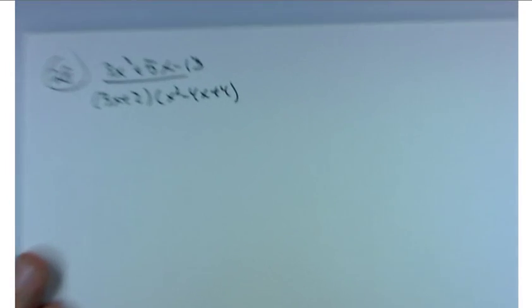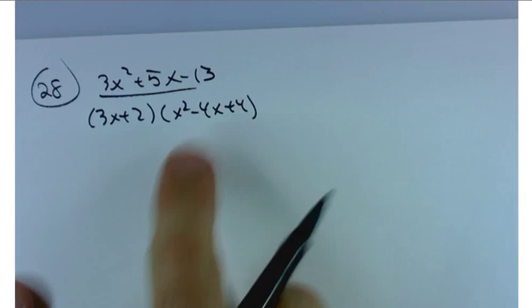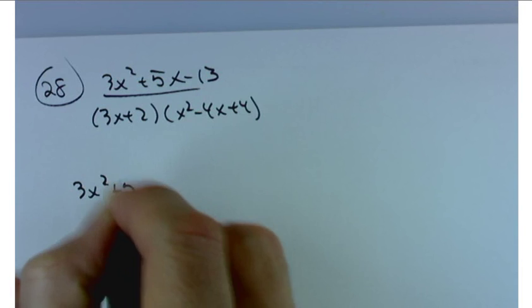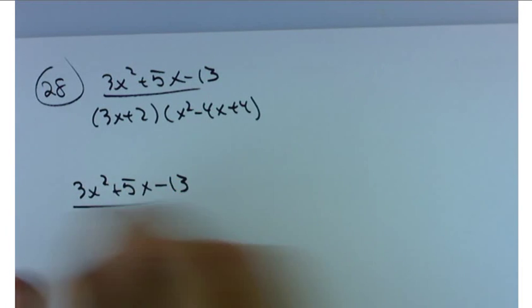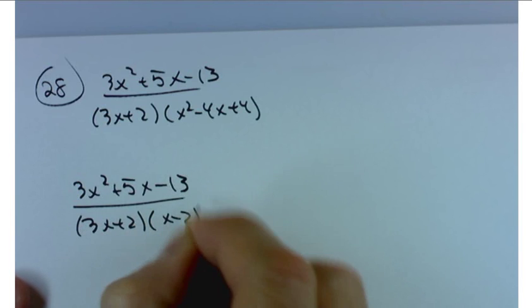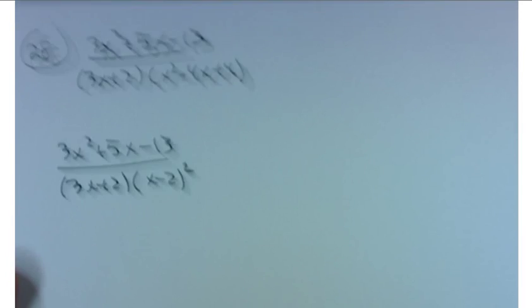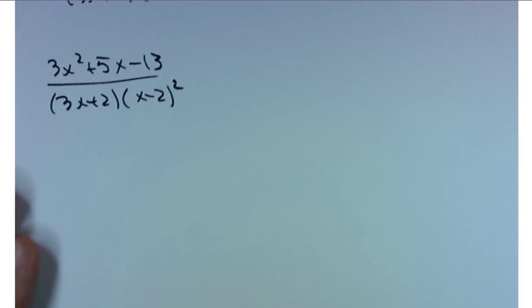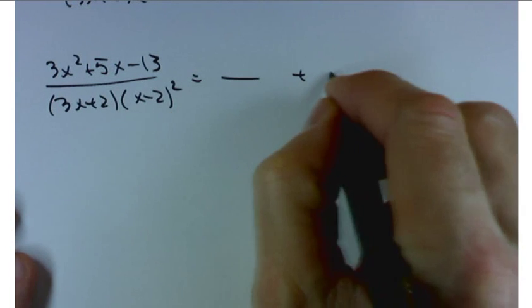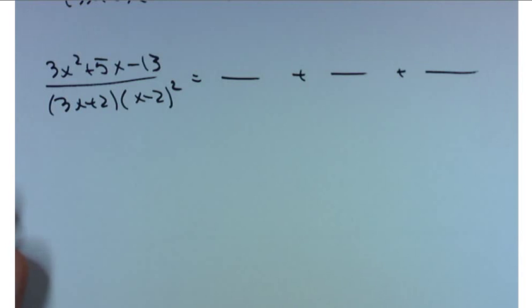Now the first thing that you should do in working with this is finish the factorization. Does anyone see what we can do in the denominator? Perfect. X minus 2 quantity squared. So from there, see if you can't write out a partial fraction decomposition.